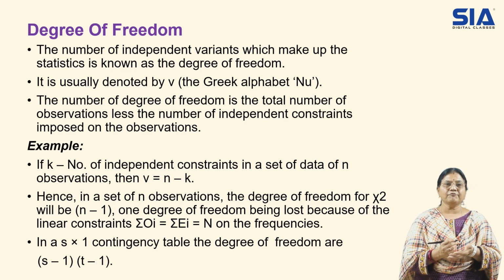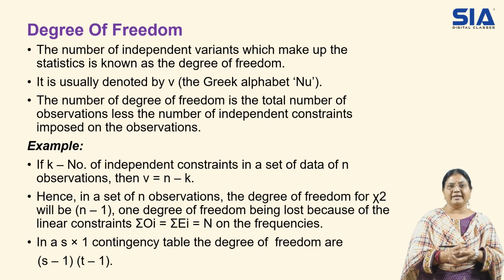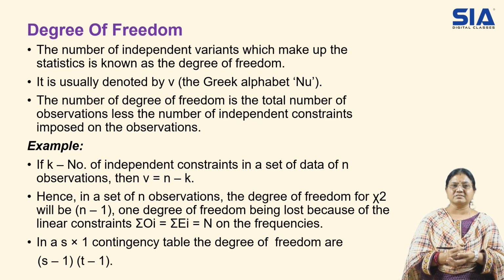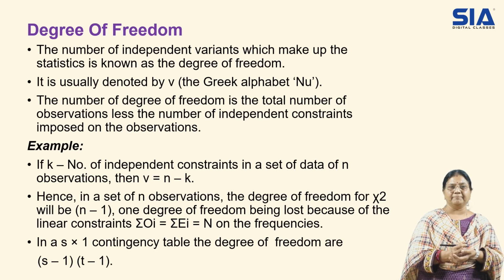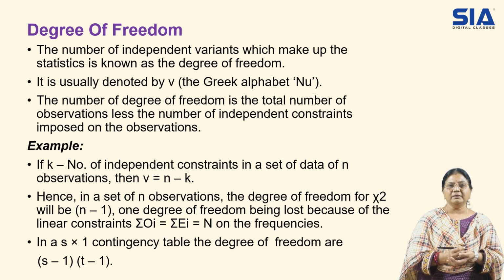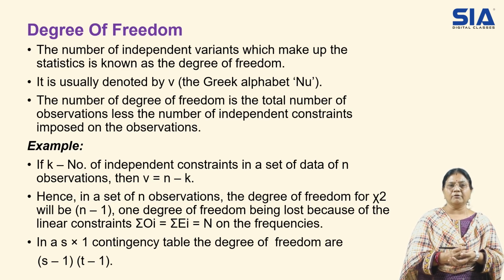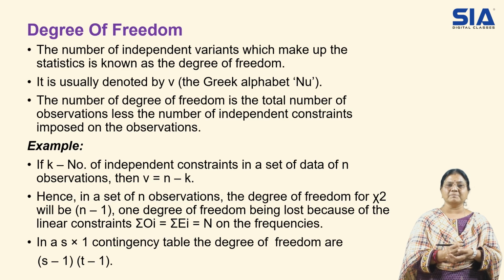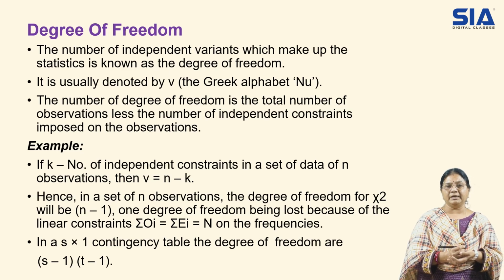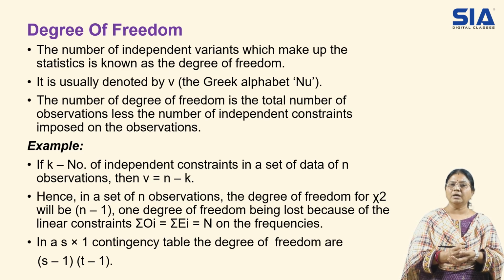The degree of freedom, the number of independent variants which make up the statistic, is usually denoted by v. The number of degrees of freedom is the total number of observations less the number of independent constraints imposed on the observations.